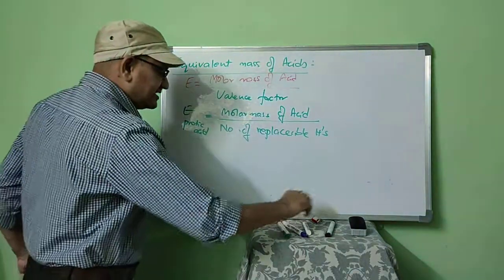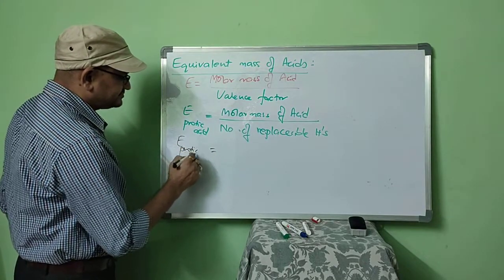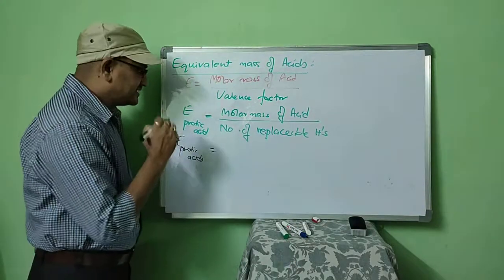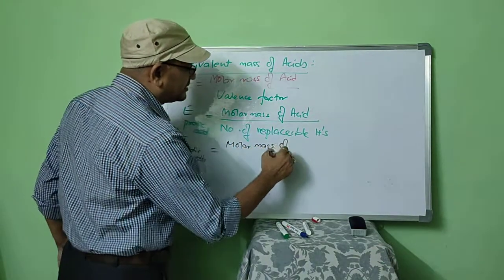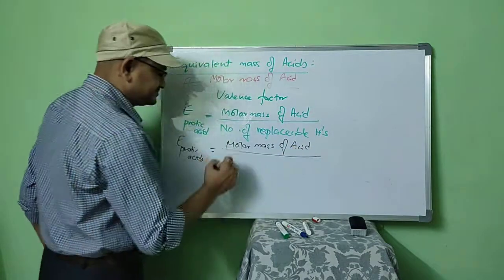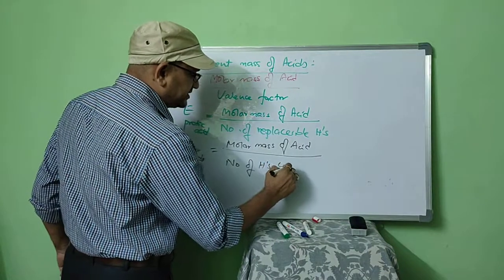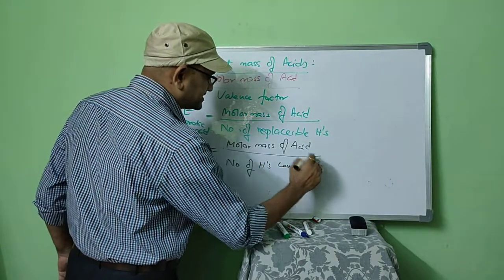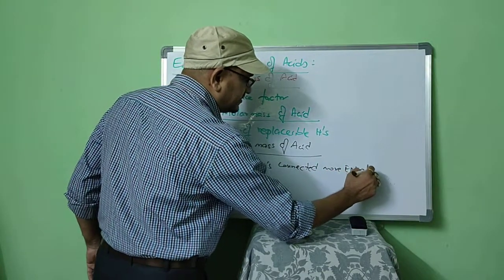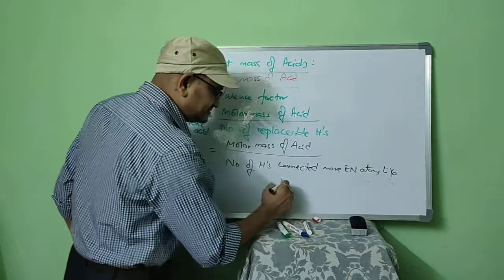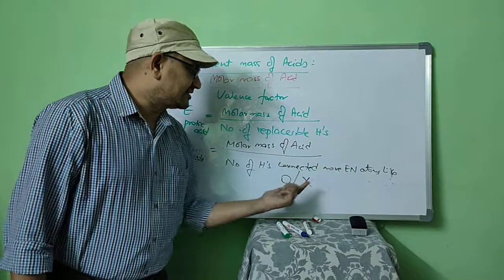For that also we can give a relation: equivalent mass of protic acids can be calculated as molar mass of protic acid by number of hydrogens connected to more electronegative atoms like oxygen or halogens.